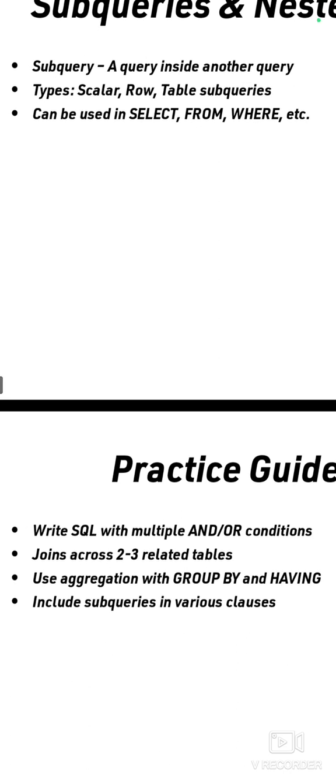Second one is row. Row subqueries are subqueries that return a single row containing multiple columns. They are used when the outer query's logic depends on multiple values from a single row in another table or query.